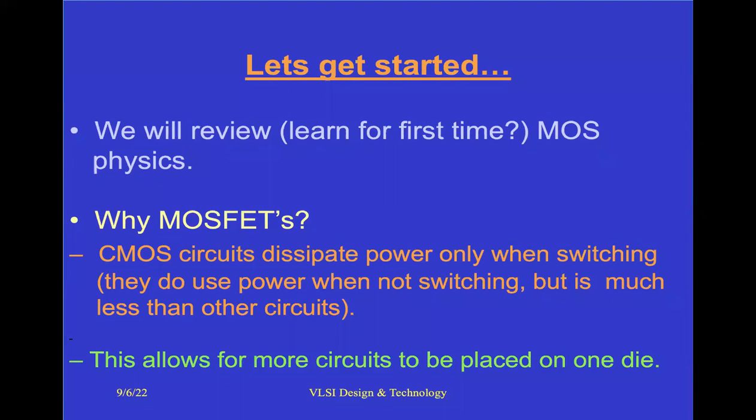So even if they consume, it's very little. That can be in the form of leakage. So this allows for more circuits to be placed on one die. Okay, so that's why scalability is also one such option that we have with respect to MOSFETs, right? We are able to scale down the transistors and keep as many as possible. So hence we have migrated from BJTs to MOSFETs.